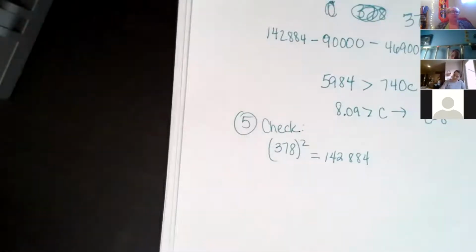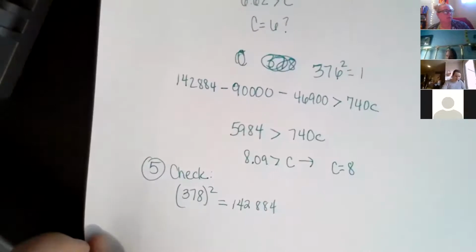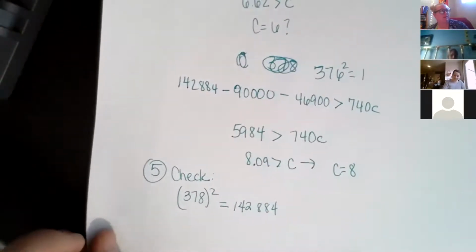So do you think this would work if I squared a 4-digit number? We could try. Let's try it, just for fun. Did y'all get all that before I took it away? Mhm. We're good? Yep.